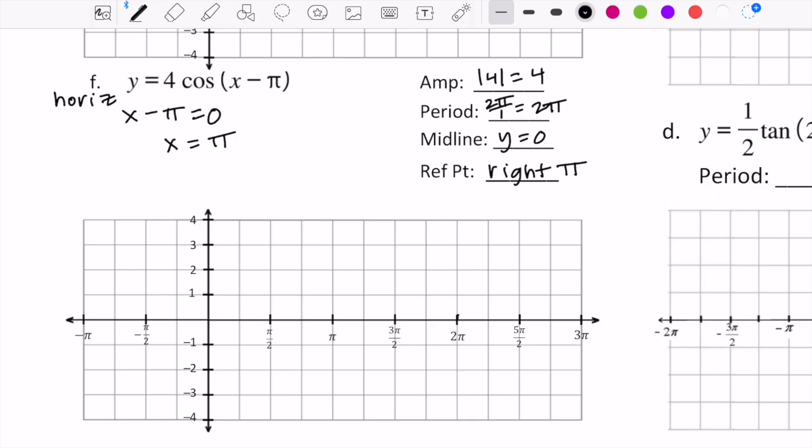So go to your period, which is 2 pi. From 0 to 2 pi, we got 4 equal marks, so we can draw our pattern for cosine. We're going to notice that pi is 4 squares. So when we go right pi, we're going to go right 4 squares.